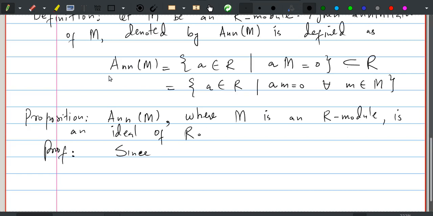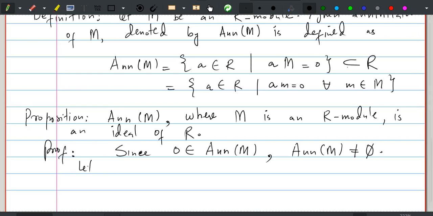One can note here that this annihilator of M is non-empty, because this 0 in R always annihilates M, because 0 times m is always 0. Since 0 belongs to the annihilator of M, we conclude that it is non-empty.